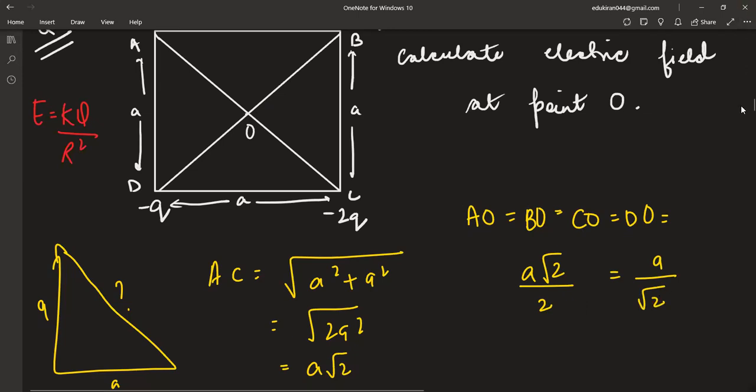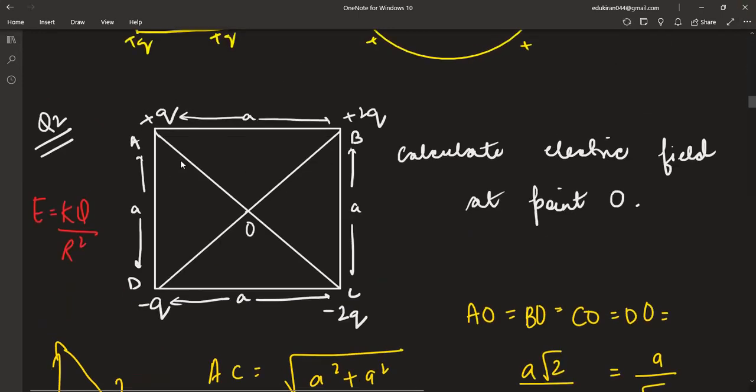So this separation with all the charges has now become A by root 2. Now K we already know, 9 into 10 to the power 9. Charges are already given. R, which was missing, we have found. Now let's calculate the individual charges first.